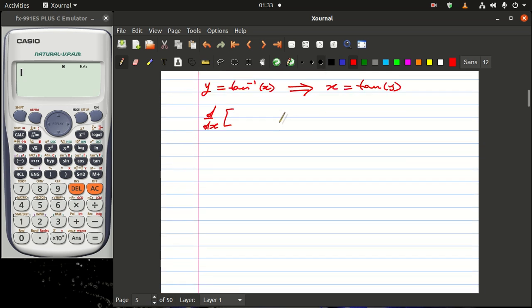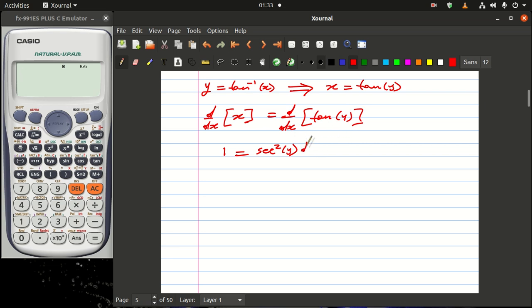So in this particular case, I want to take the derivative with respect to x on both sides, of tan of y. And of course, on this side you will get a 1. And on this side, if this was x, it would be just sec squared y. But now this is y, so we have to take the derivative of the inside using implicit differentiation.